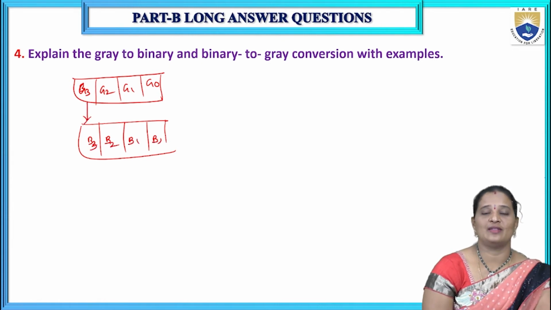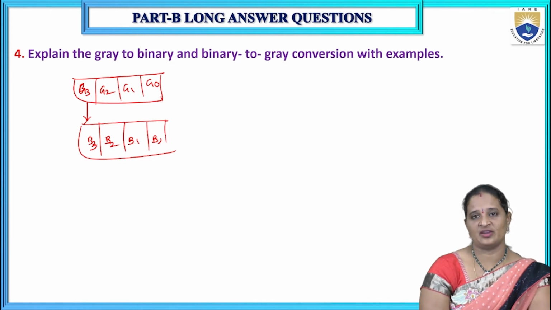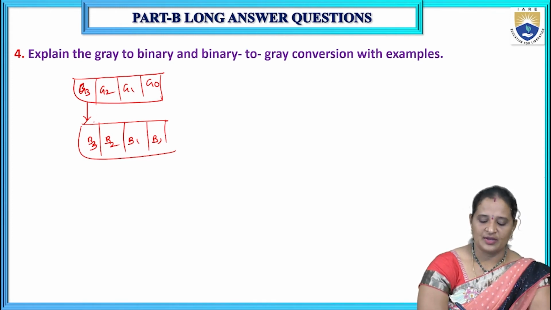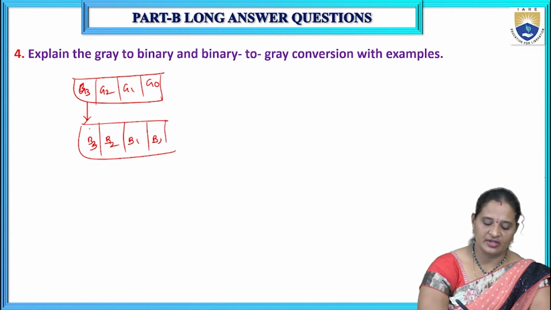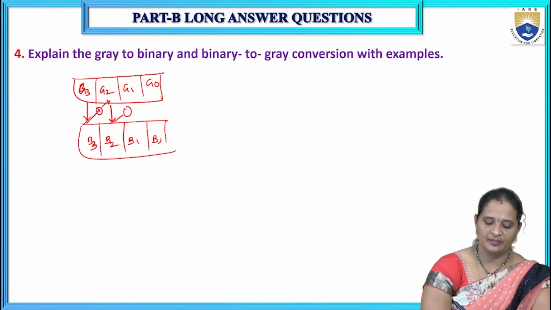The MSB of gray code and the MSB of binary are the same, whereas the gray code can be converted into binary. How can we convert this? The MSB XOR with the next bit of gray code will give you this one. Similarly, the XOR of these two will give you this, whereas the XOR of these two will give you this.